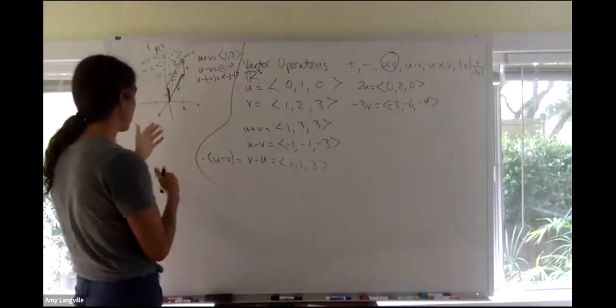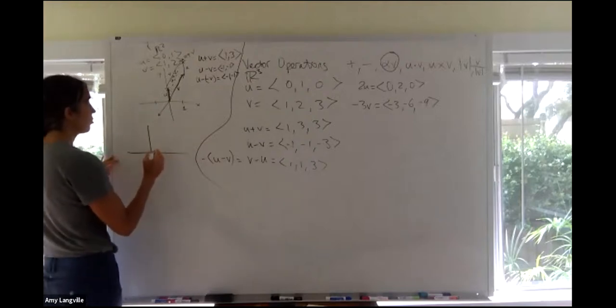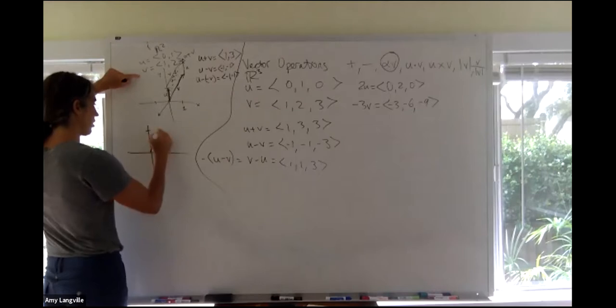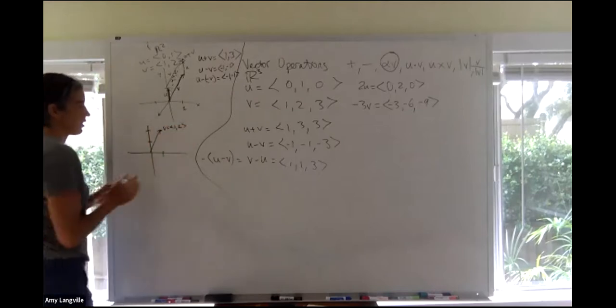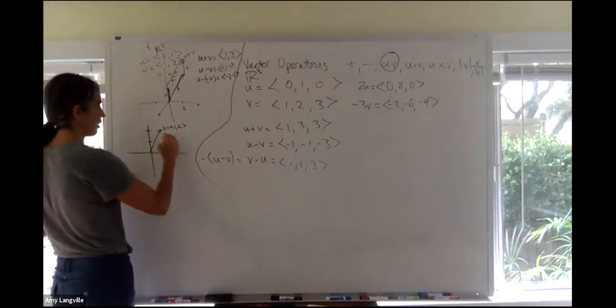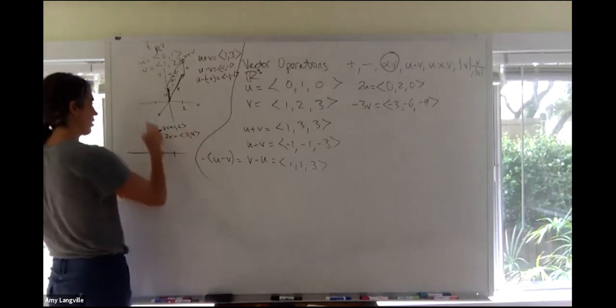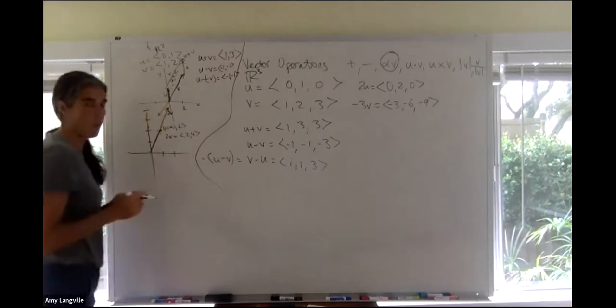So I'll work on my R2 ones because they're a little bit easier. U was 0, 1, and V was 1, 2. Let's look at V. Here's the vector V. Let's say we wanted to do 2 times V. 2V is just 2, 4. And that just stretches V by a factor of 2.